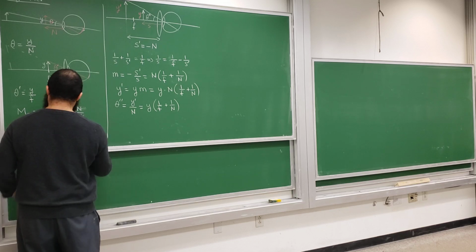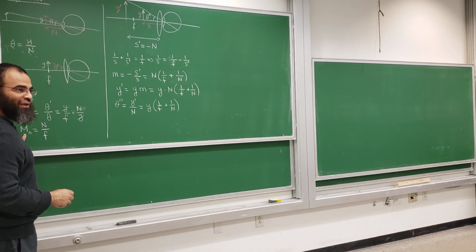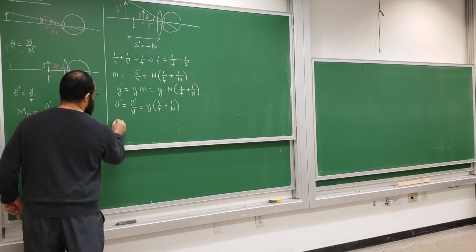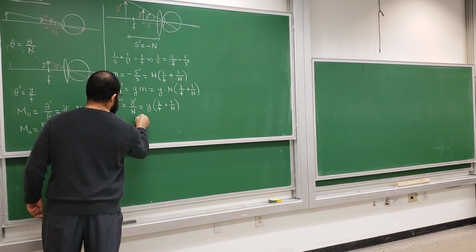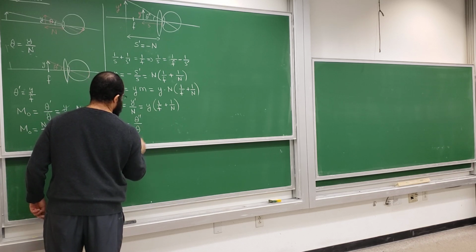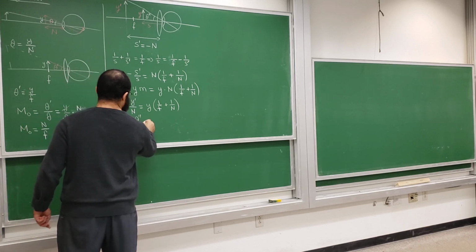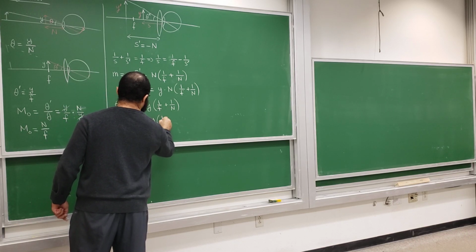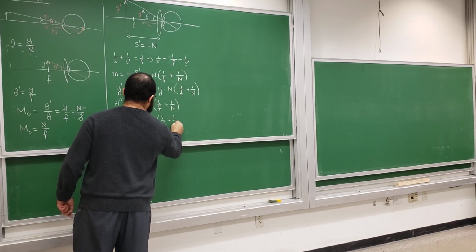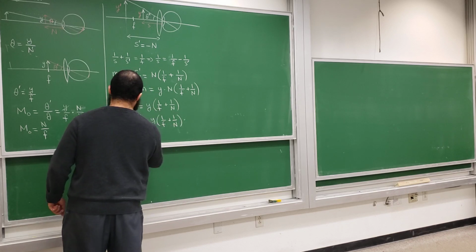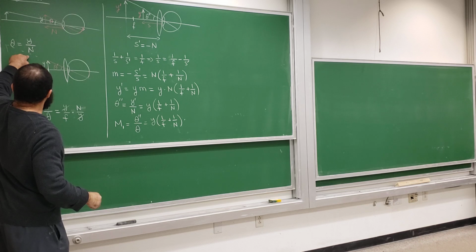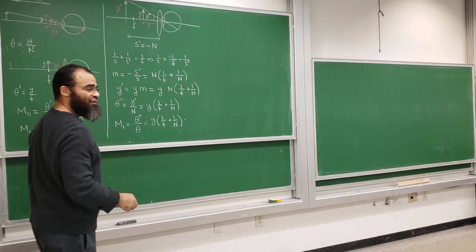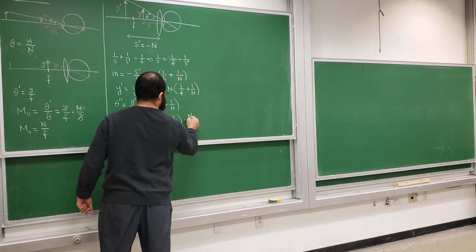Finally, the new magnification. This one I called m naught; this one here I'm going to call m1. It's theta double prime divided by theta without the glass. So it's y times 1 over f plus 1 over n times 1 over theta. Theta is y over n, so 1 over theta is n over y.